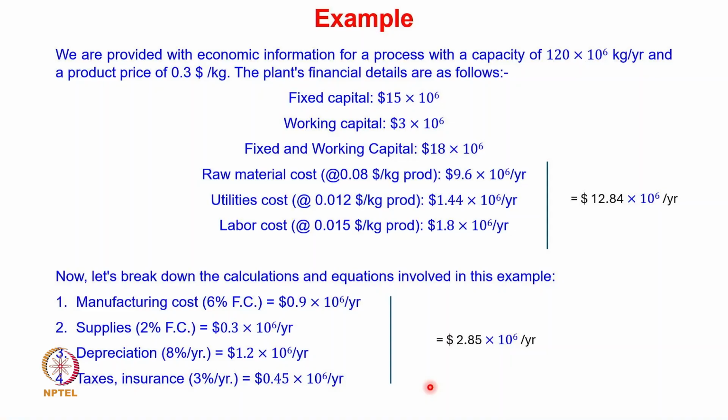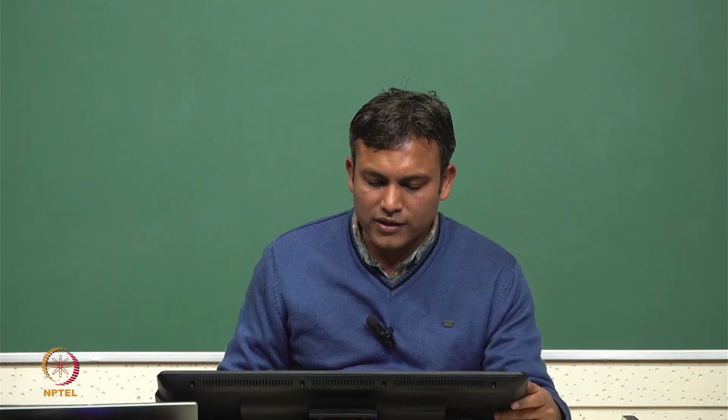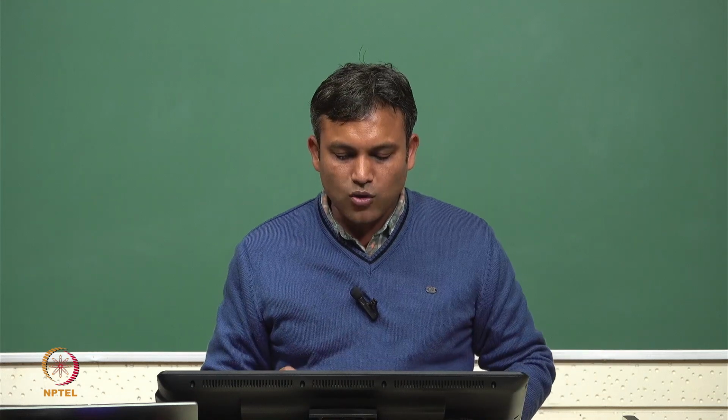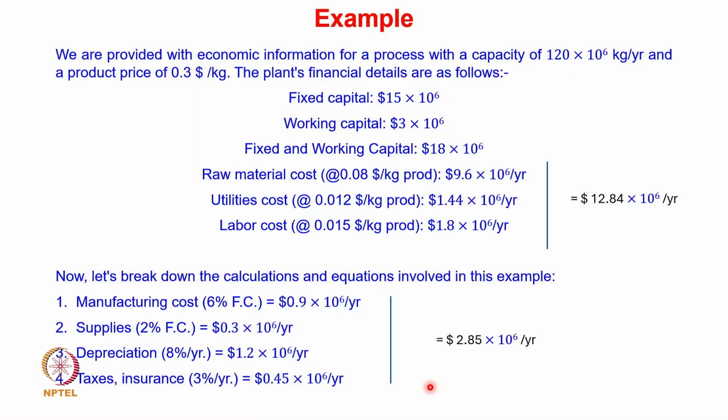Now let us take a very simple example to calculate all this, so that we understand this concept in a little more detail. Let's say we are provided with economic information for a process with a capacity of 120 x 10^6 kg per year, and the product price is around $0.3 per kg.